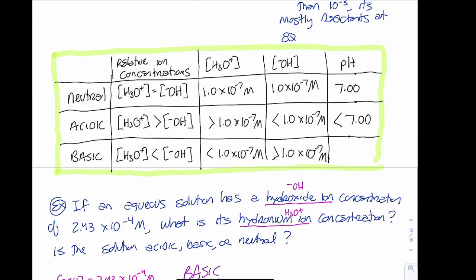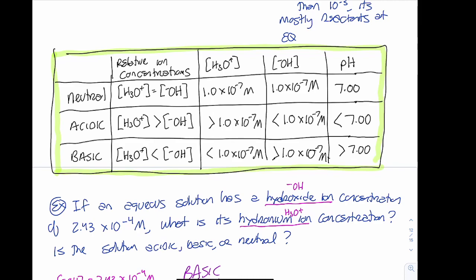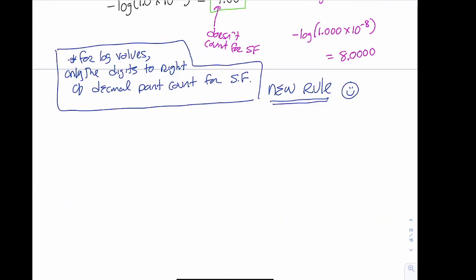And then if it's basic, my pH is going to be greater than 7.00. That inverse relationship between my hydronium ion concentration and my pH. We could actually write pH equals negative log of hydronium concentration. We can also look at what's called the pOH. I mentioned this briefly a few minutes ago.